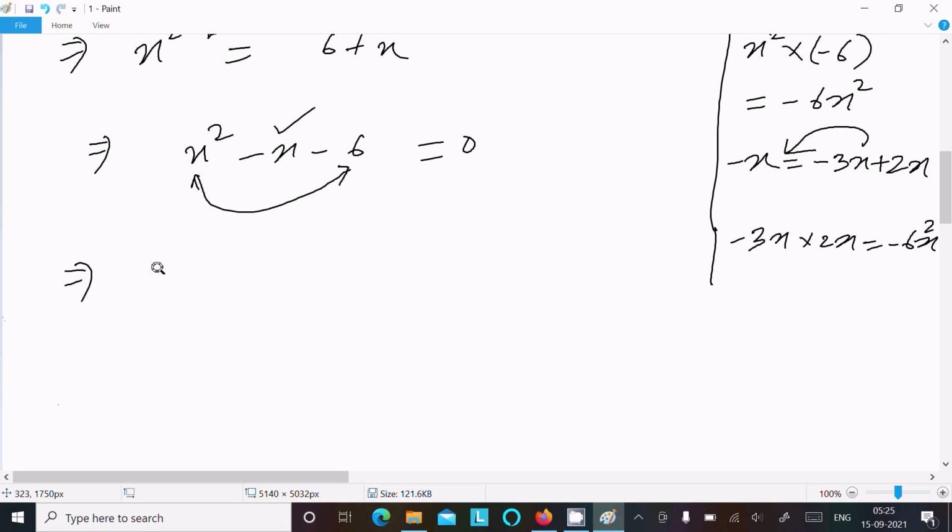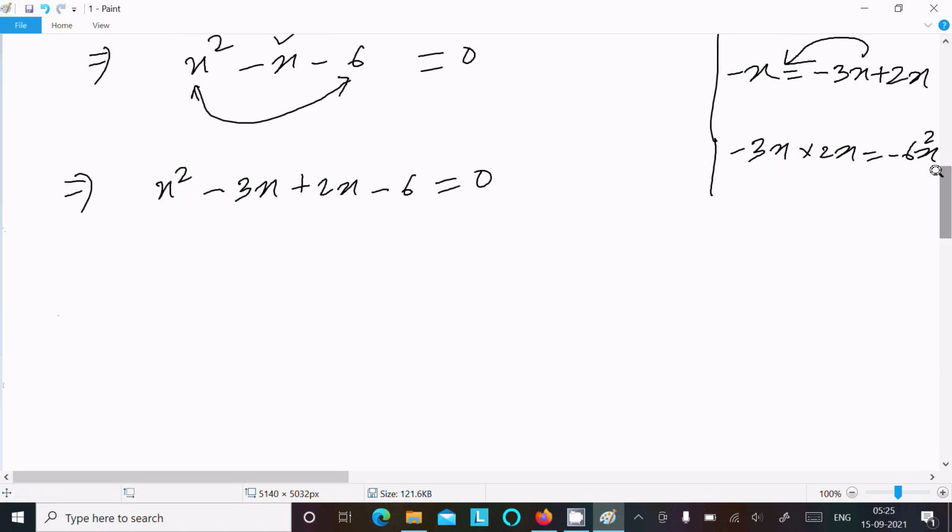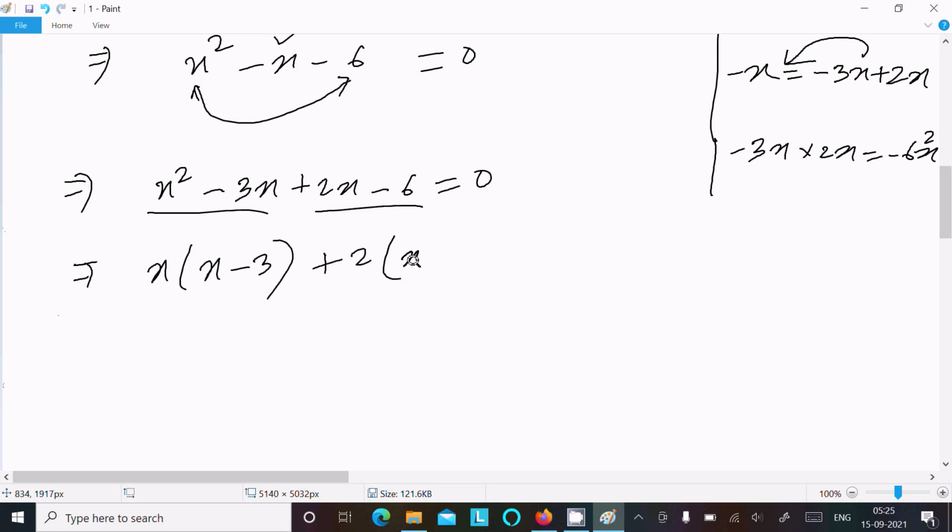So here we can write x square minus 3x plus 2x minus 6 equals 0. From these two terms, x is common, take that out: x into (x minus 3). Here 2 is common: 2 into (x minus 3) equals 0.